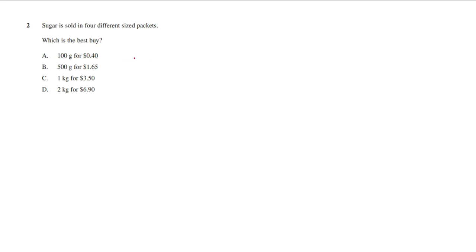You've got 100 grams for 40 cents. So that means you are paying 0.4 for option A. You're paying 0.4 per 100 grams, right? Whichever quantity you want to be 1 unit, you put it in the denominator.